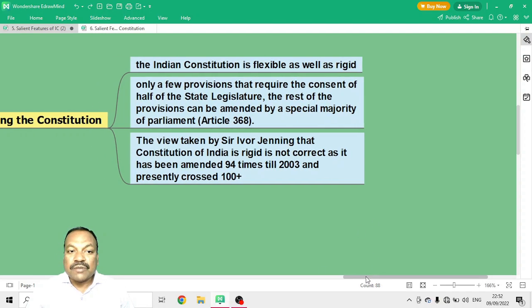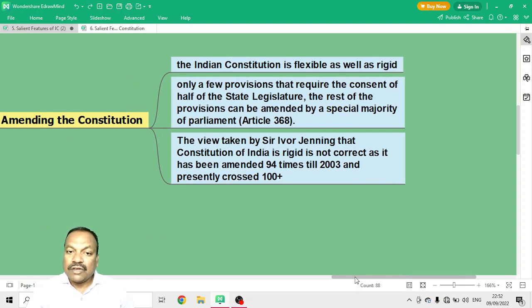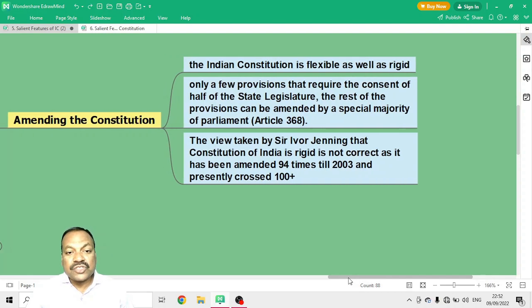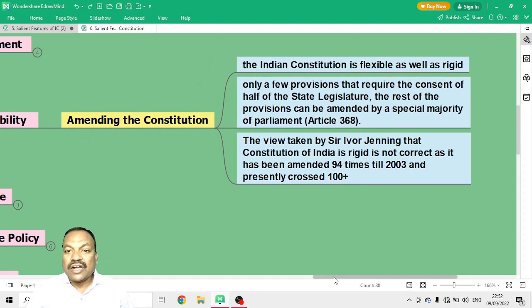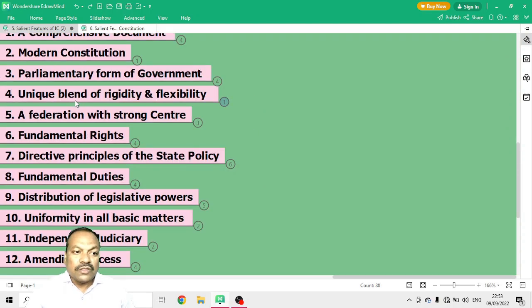That is why sometimes we are able to say that our constitution is flexible, and sometimes, with provisions like Article 370, we can see the procedure for amendment is a rigid one. So the concept of flexibility and rigidity is one of the characteristics of our constitution.